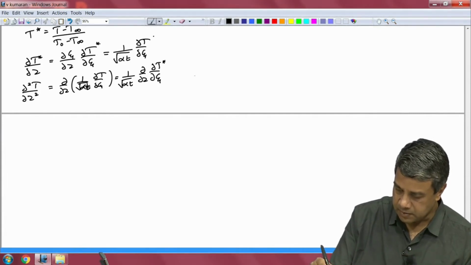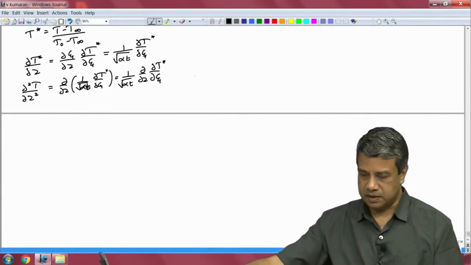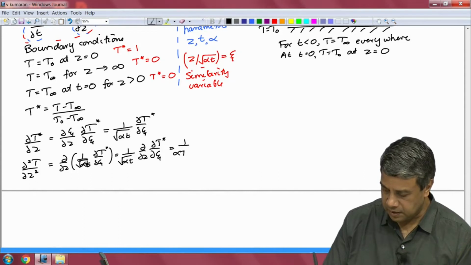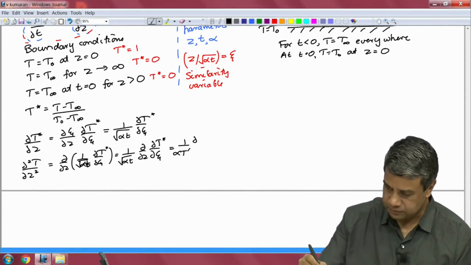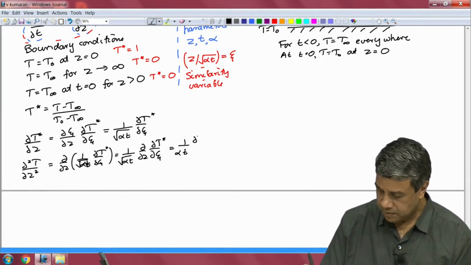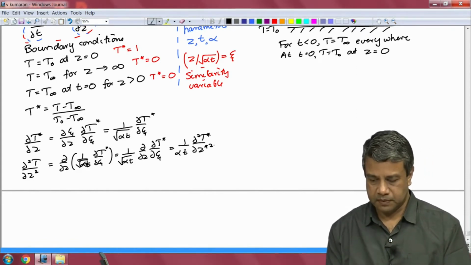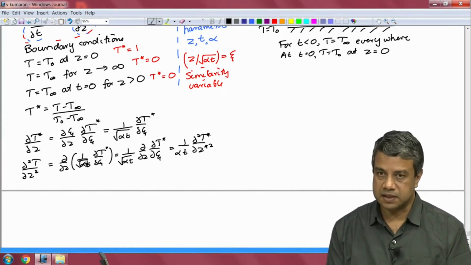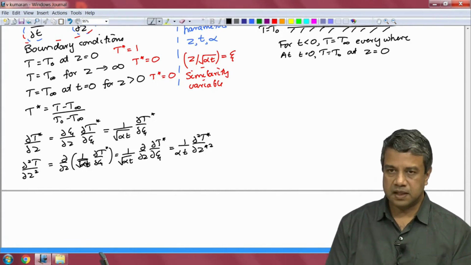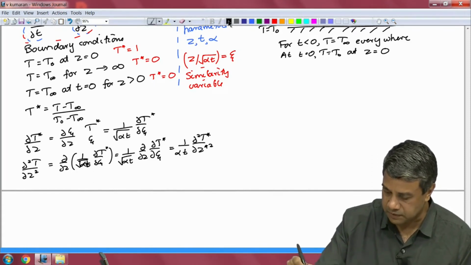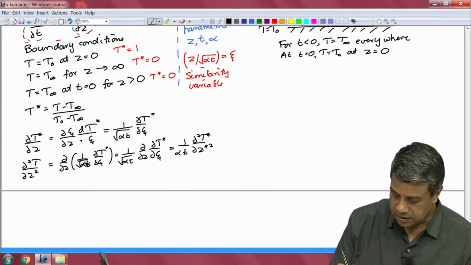There should be non-dimensional temperature in all of these equations, so kindly correct that. And this is equal to 1 by alpha t, partial square t by partial psi square. Since we are postulating that these are functions only of psi, that is t star is only a function of psi, what I have here is not a partial derivative, but rather a total derivative. If I postulate that these are only functions of psi, then I have total derivatives here.